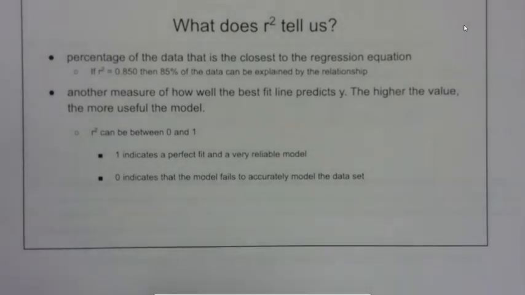So the higher the decimal, the closer it is to 1, the better the line or the curve is as a predictor for that data. The closer it is to 0, the worse that function is to use for predicting the data itself.